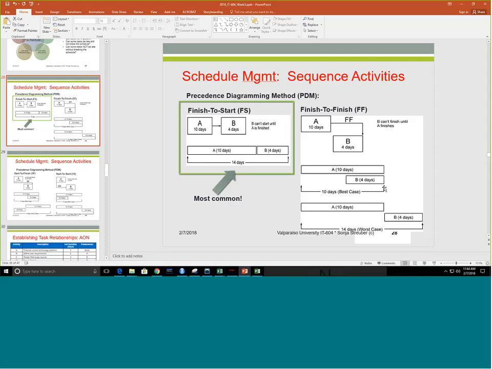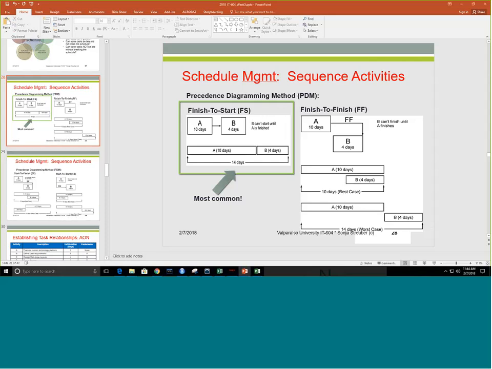And if A is delayed, that delays B. But the point is, A has to be finished in order for B to finish. Ideally, they can run in parallel. They can also run sequentially. That's the worst case scenario, though.